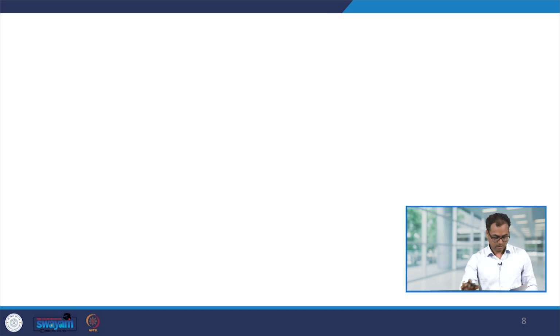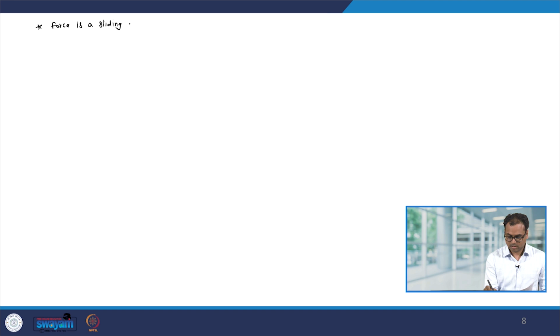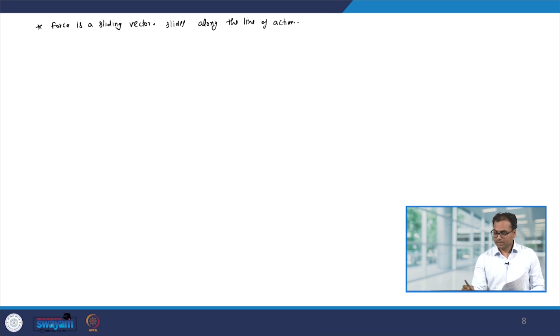This tells us a very important point, that force is a sliding vector and it can slide along the line of action. This is also called the principle of transmissibility.